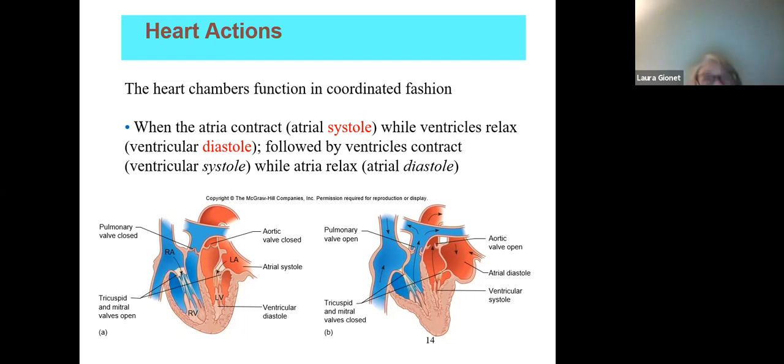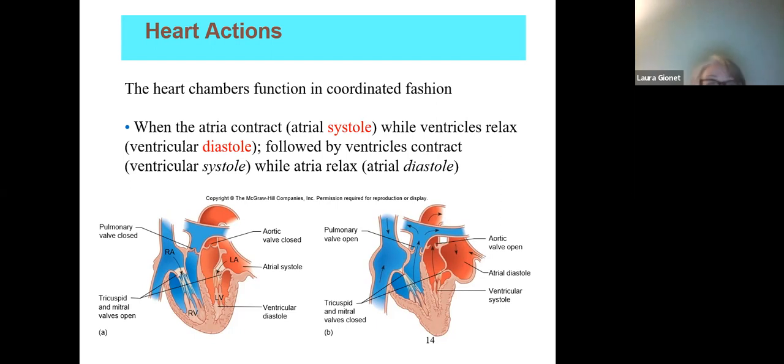By maintaining closed valves behind them between the atria and the ventricles, when the ventricles contract forcefully, blood keeps heading in the forward direction without what's called regurgitation, backflow.